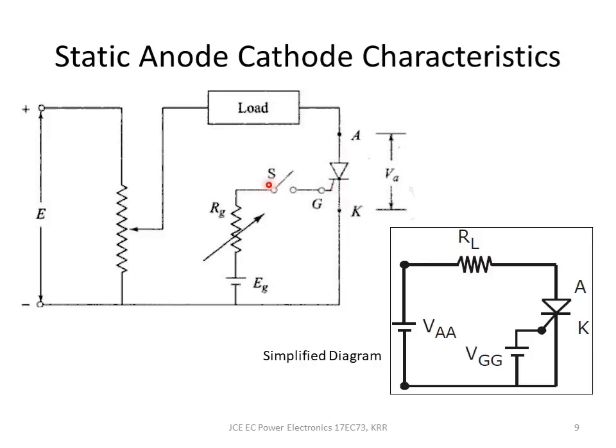Also, the gate of this thyristor is controlled using a variable resistance or a potentiometer to control the voltage applied through G, which also has a series switch. If I open this switch, the gate supply is not connected, and if I close the switch, the gate supply is connected.